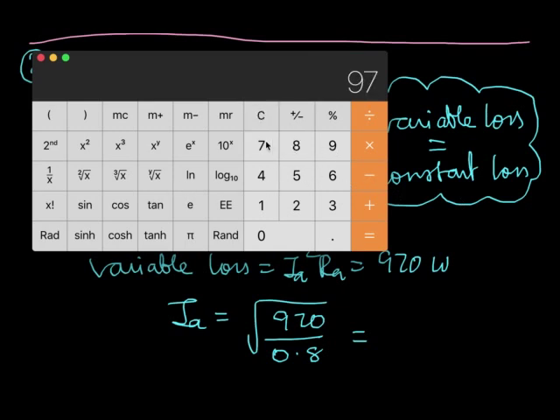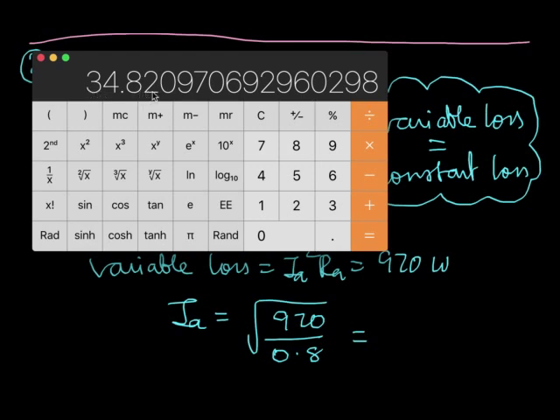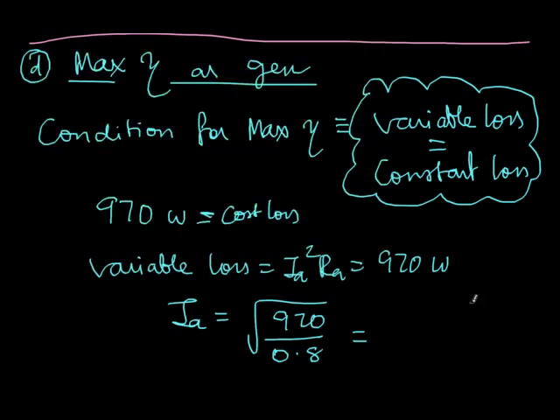So 970 divided by 0.8 and then the square root of that answer. I am getting 34.82 amperes. So as long as the armature current is 34.82 amperes, the efficiency will be maximum.